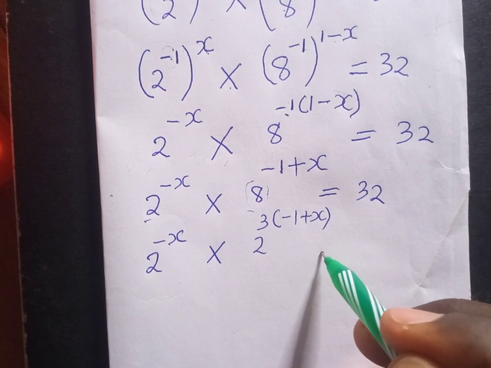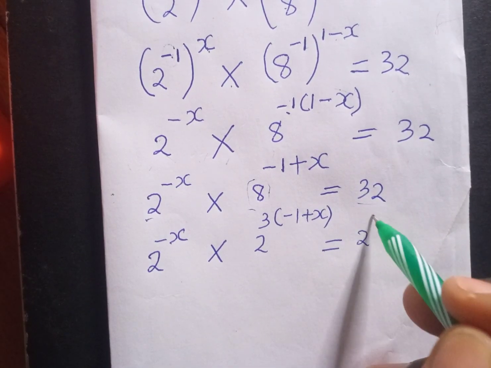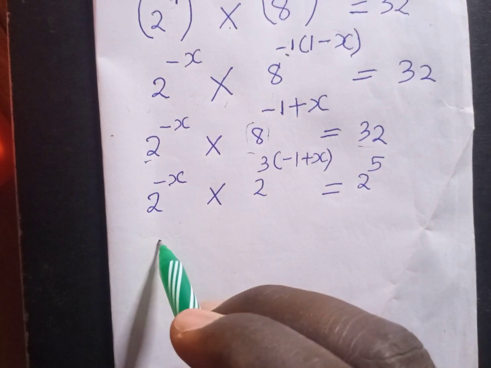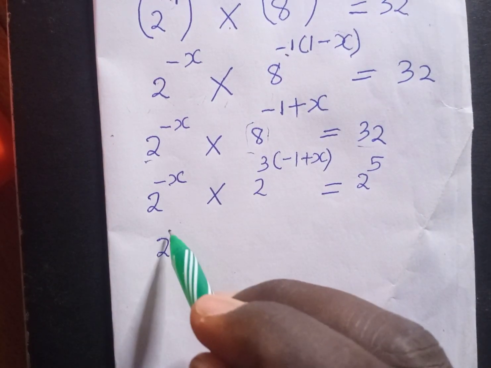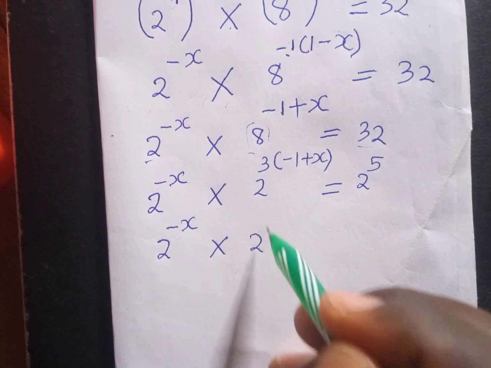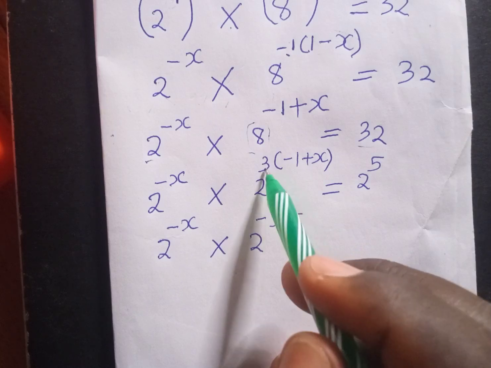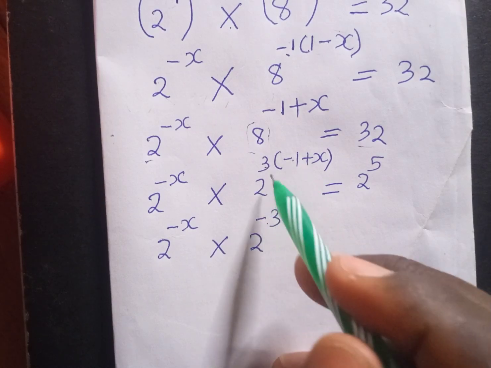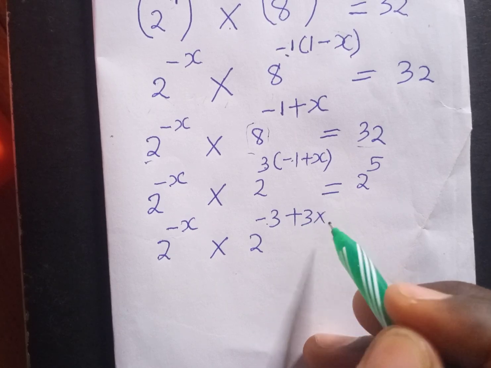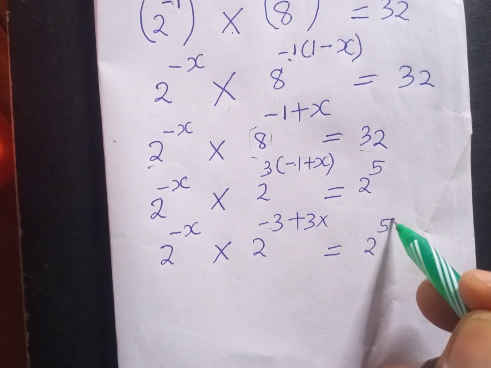Then we close the bracket, we equate with 32, which can be written as 2 raised to 5. Therefore, we have 2 raised to negative x, then times 2 raised to negative 3 plus 3x, because we are opening the bracket: 3 times negative 1 is negative 3, and 3 times positive x is positive 3x. Then we equate with 2 raised to 5.